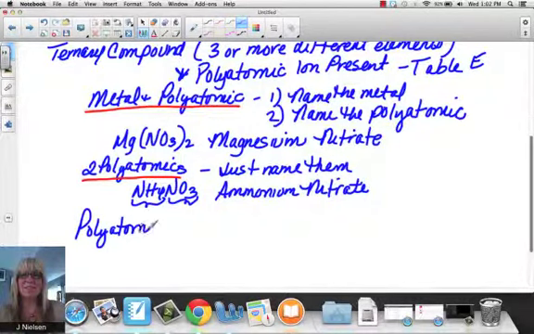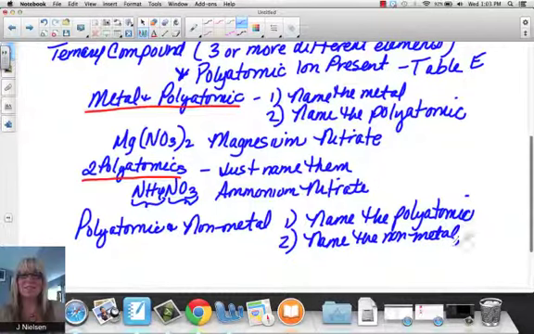So in this case, we're going to name the polyatomic, and then name the nonmetal, changing the ending to -ide.